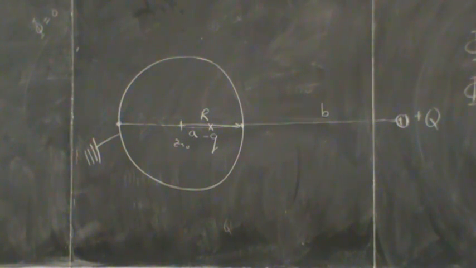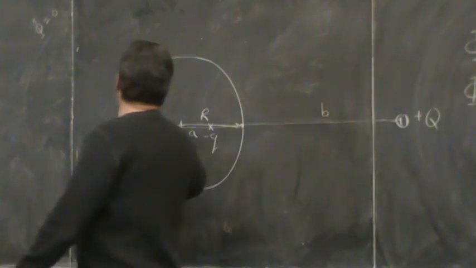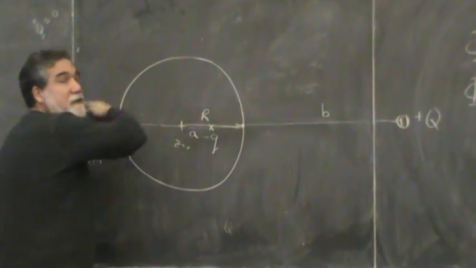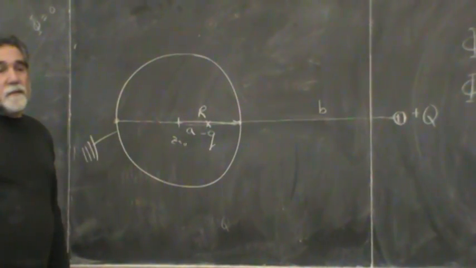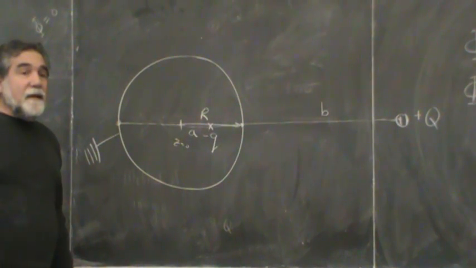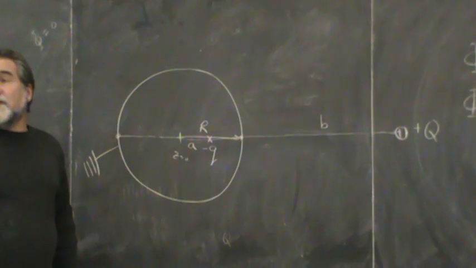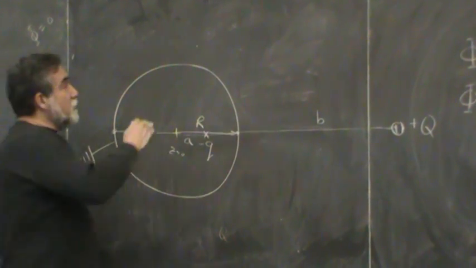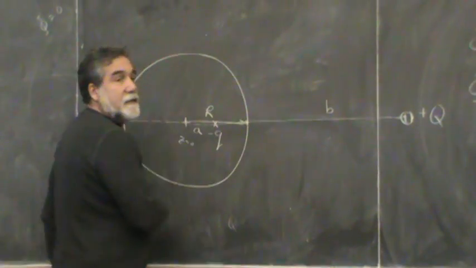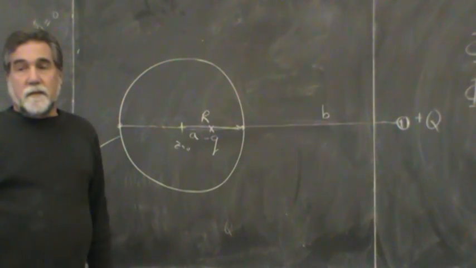Then what you would need to do is test to see whether, okay, you've got 0 here and 0 there. Is it actually 0 everywhere on the surface? If you've done that, then you have found a solution to the problem, and you can just write down the potential in this entire region. Okay.